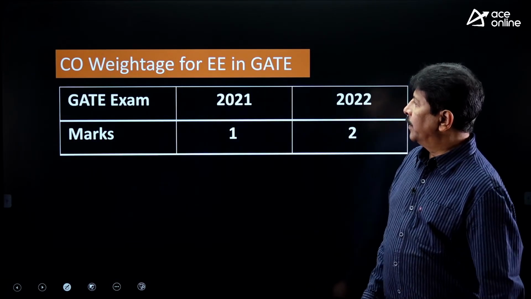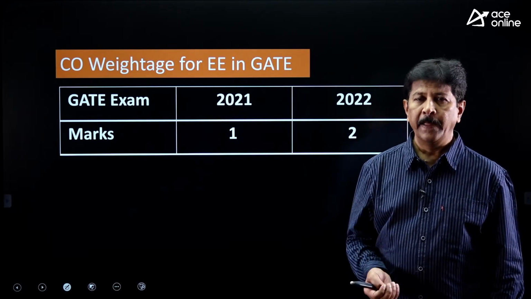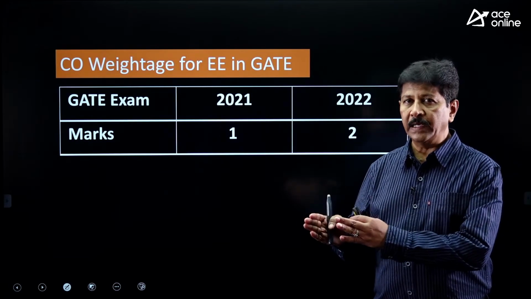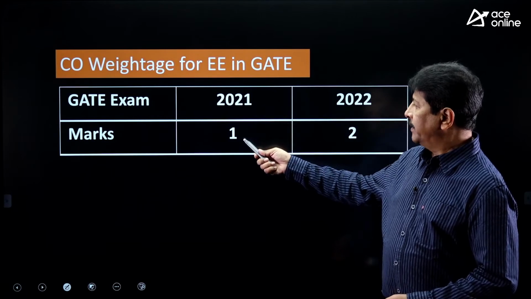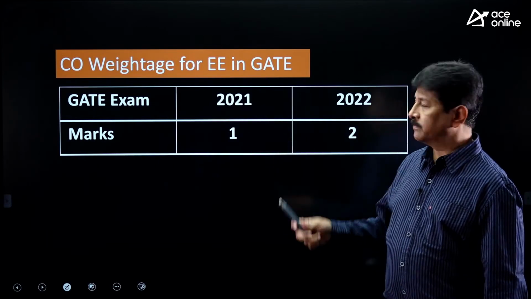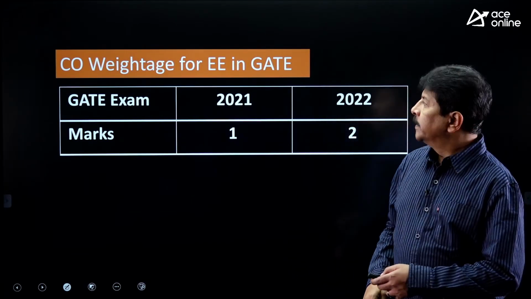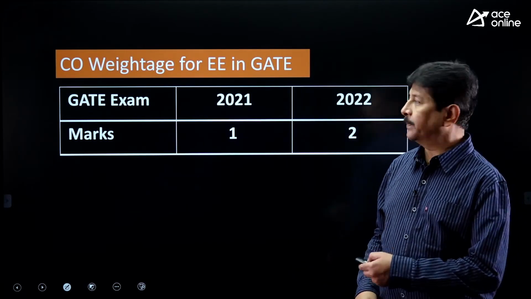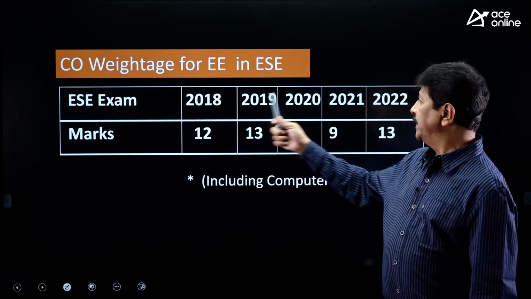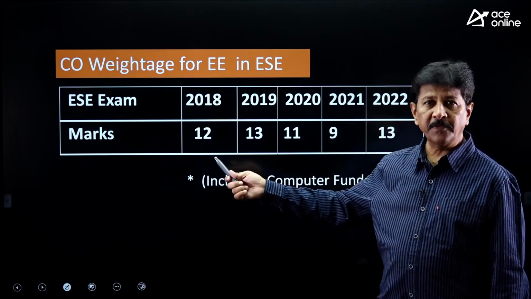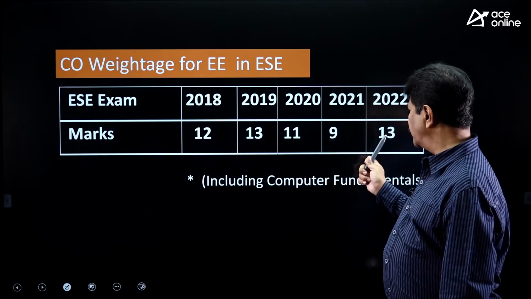In a similar fashion, what is the weightage for the CO subject in the GATE exam for EEE? Even though it is not mentioned completely, sometimes questions will come from CO. In 2021, 1 mark came for EEE students, and in 2022, a 2 marks question came. For engineering services for EEE students, starting from 2018 to 2022, the number of questions that appeared are 12, 13, 11, 9, 13.